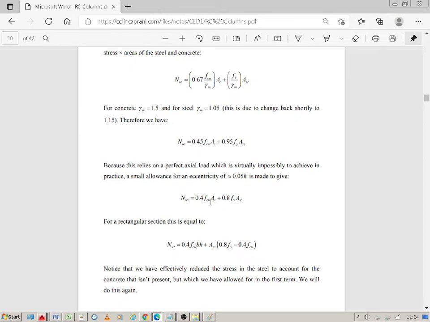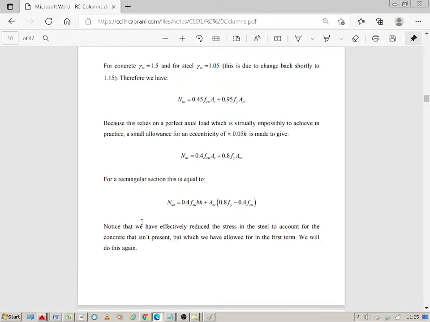So that's 0.4 times the cube strength of the concrete times the area of the concrete, plus 0.8 f_y A_sc. For a rectangular section, this is equal to N_uz equals 0.4 f_cu bh plus A_sc times (0.8 f_y minus 0.4 f_cu).